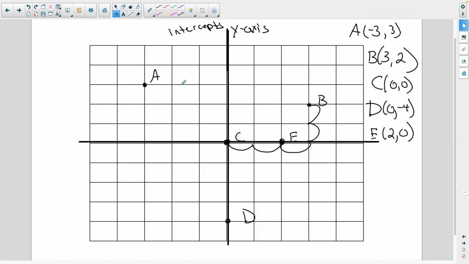So this is the y-intercept, meaning it intersects. Intersects is the right English word, but it's the y-intercept. And if we look at the other one, oh look, E intercepts the x-axis. So this is called the x-intercept.